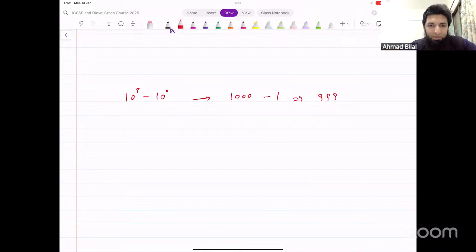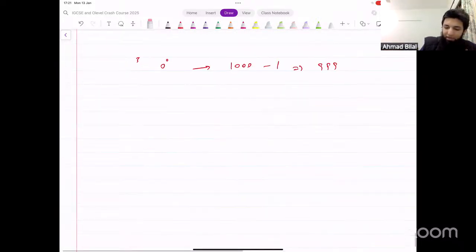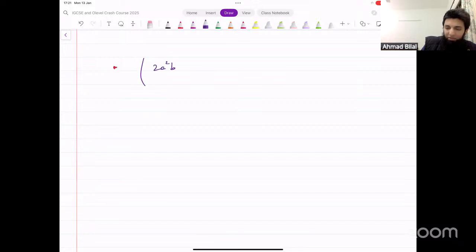Let me just do another, a bit complicated one before we end. Okay, let's do this. So let's say we have this from the worksheet again. We want to simplify this: 2a squared b raised to power 5 divided by 18 a raised to power 4 times b, whole raised to power 1 over 2.